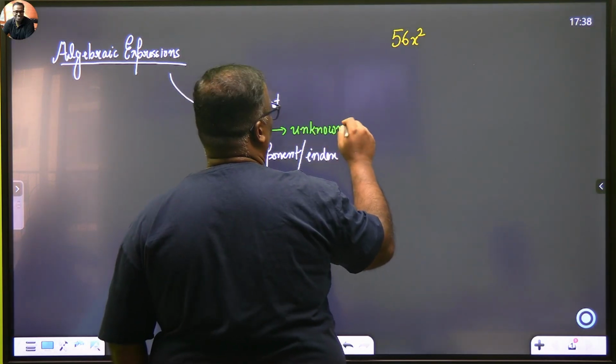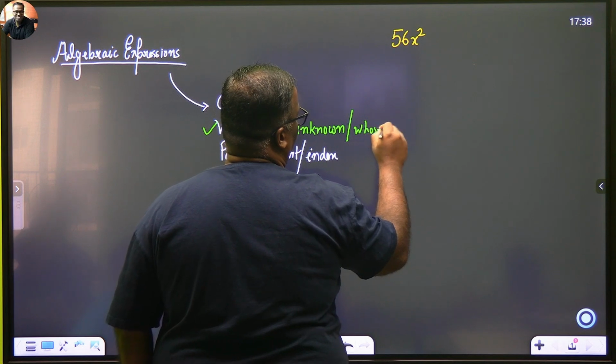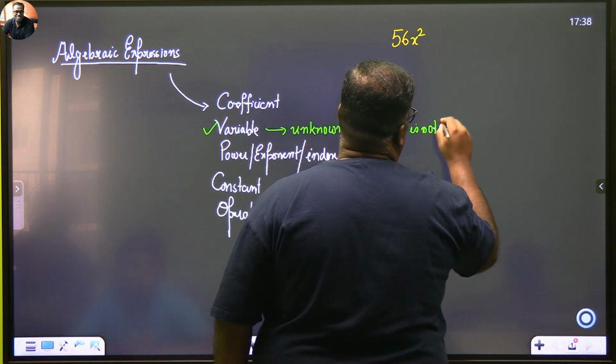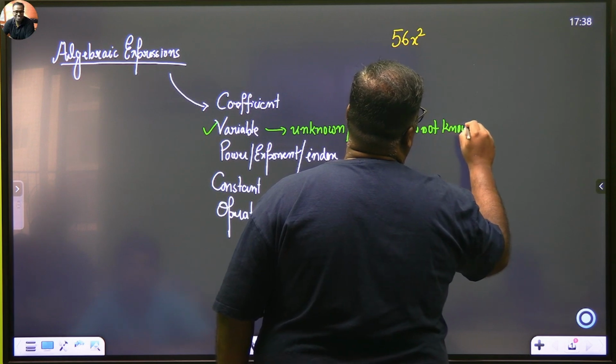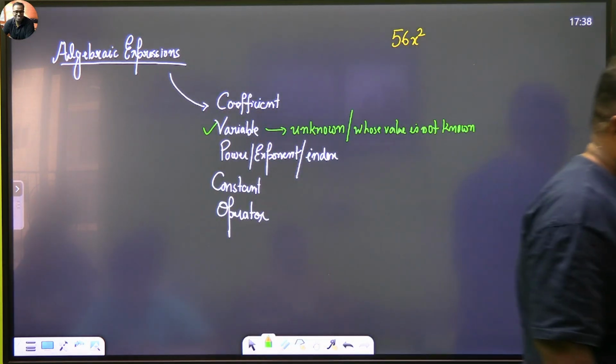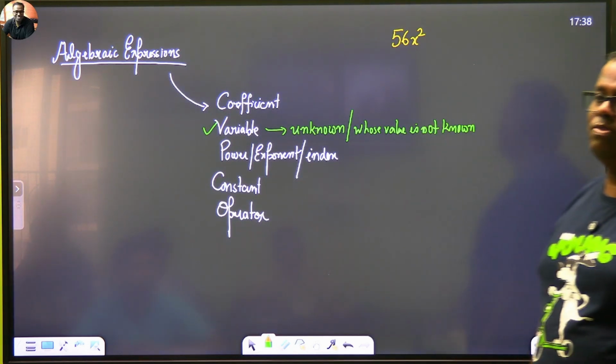A variable is an unknown. Unknown means something whose value is not known, and it can take up any value. Like, say, you all did linear equations in one variable. There used to be an x, a y, an m, an n.